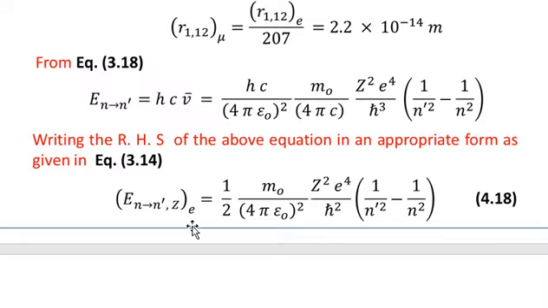So this is the energy of the electronic atom when it makes a transition from n to n prime, having an atomic number equal to Z. This expression on the left hand side represents a hydrogen-like electronic atom having atomic number Z, and the transition is from n to n prime. On the right hand side you can see these parameters, m0 the mass of the electron, and the rest of the parameters are the same as shown in the above equation and in equation number 3.18.